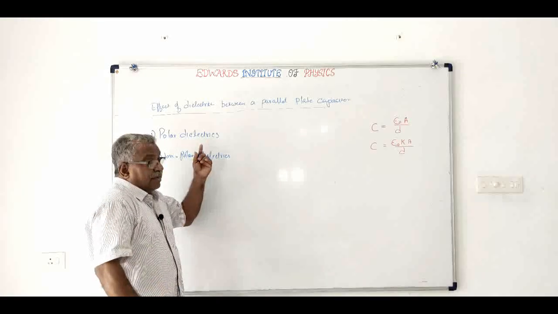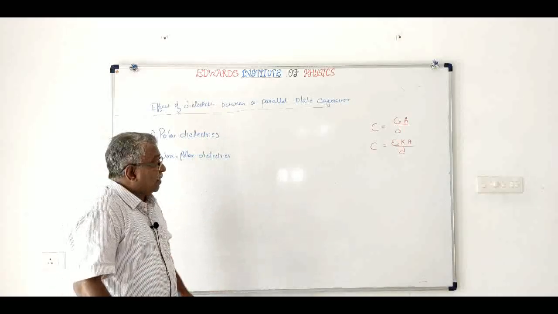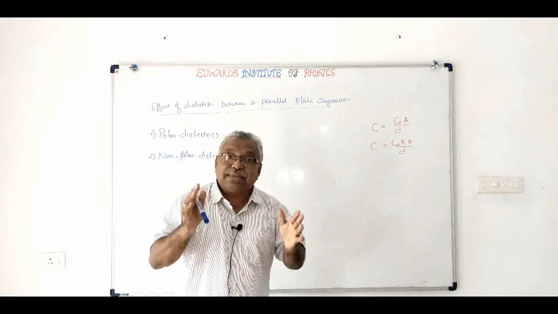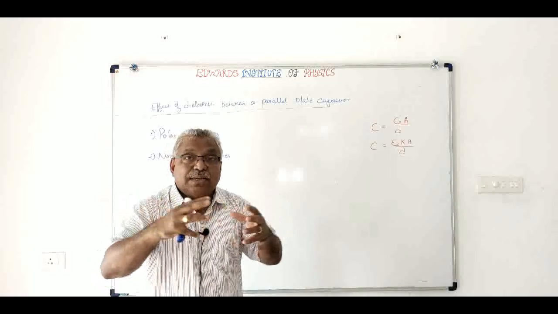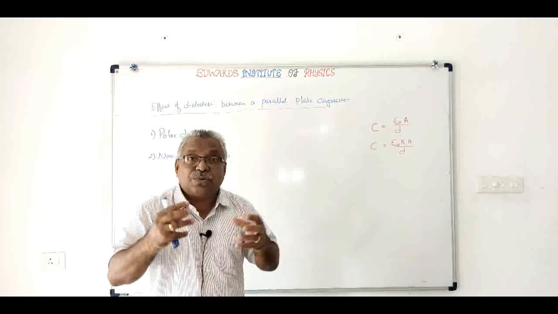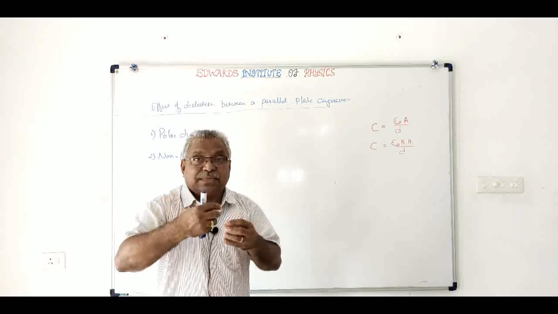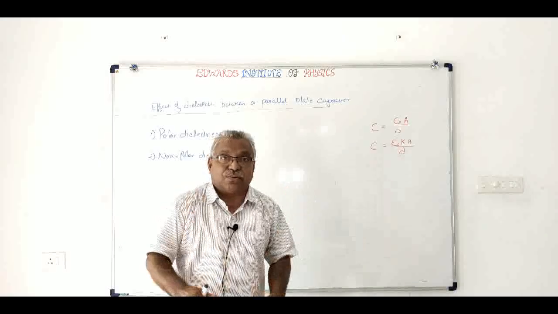So let me say what the difference is between these two. A dielectric is an insulator. Insulator means there won't be any free electrons. All the electrons will be strongly bound to the nucleus of the atom. By attaining some energy, it cannot escape from the atom; it cannot be a free electron.